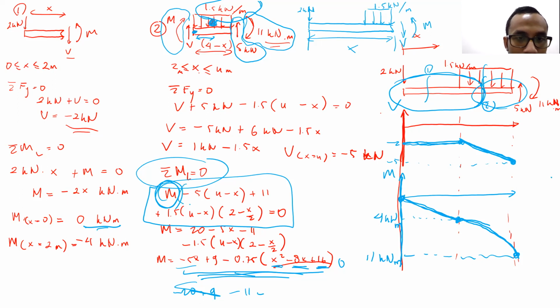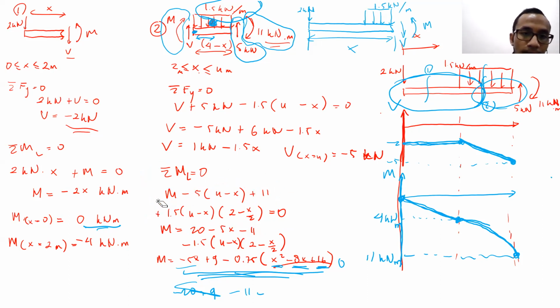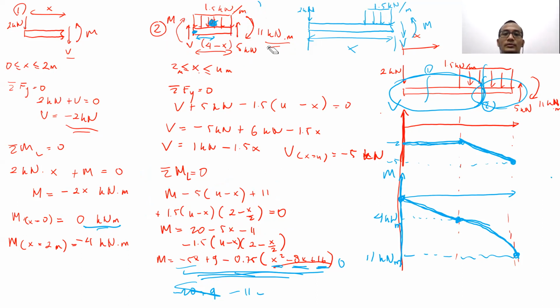So it's minus 5 multiplied by 4 minus x. Okay, Rizky? Okay, Pak. And then 11 kilonewton meter clockwise, positive. Yes. Okay, and the last one is the moment due to the distributed load.